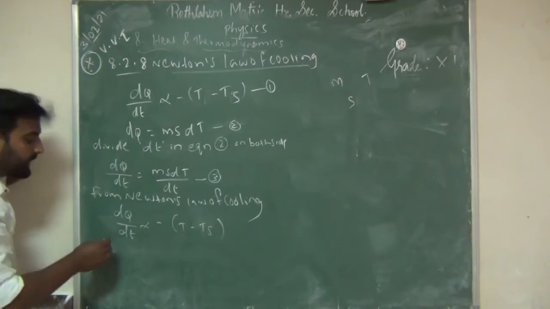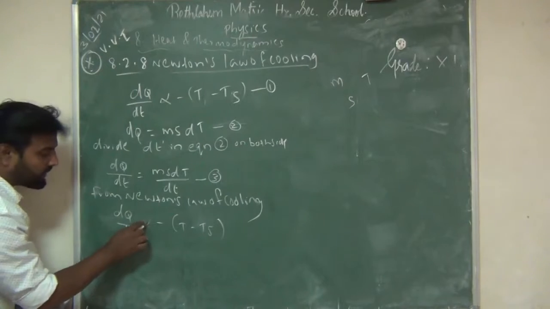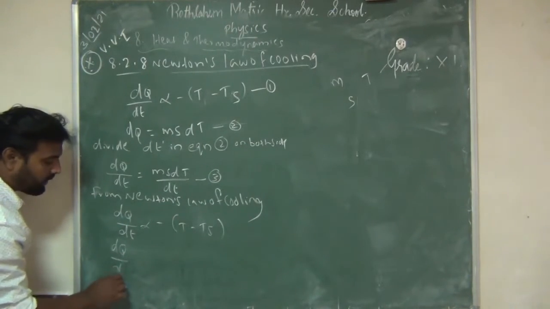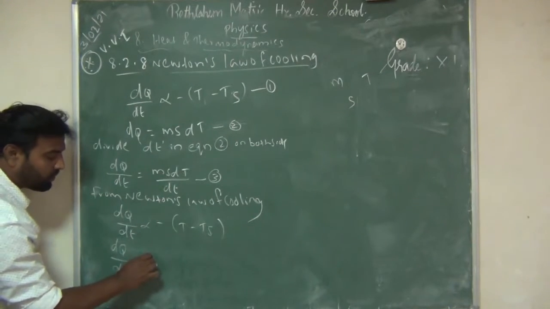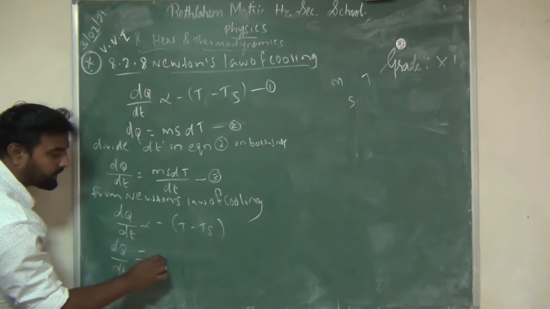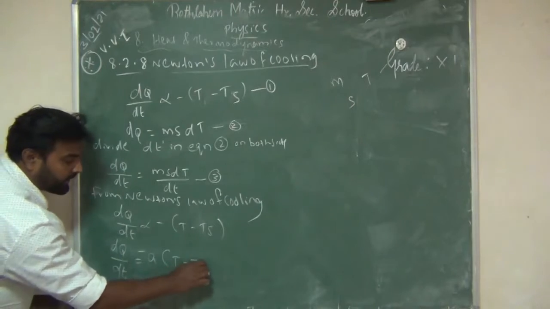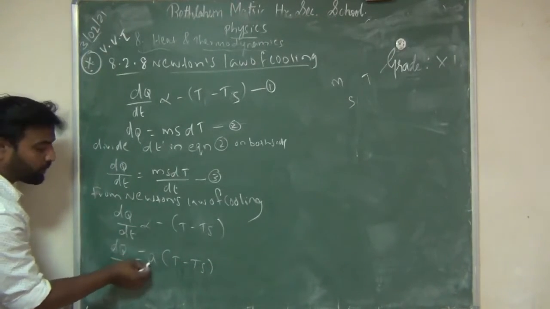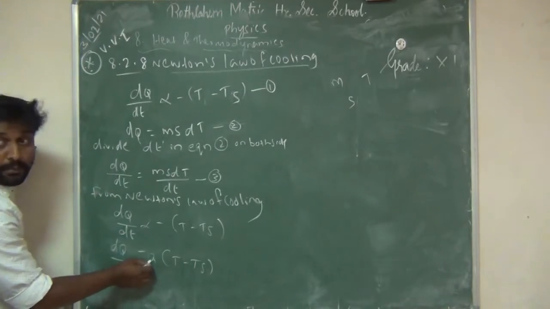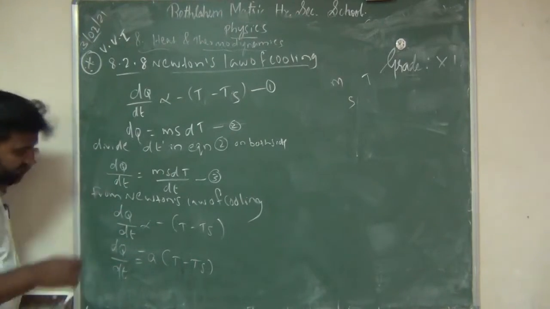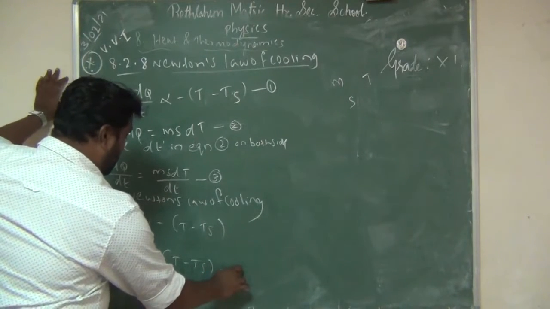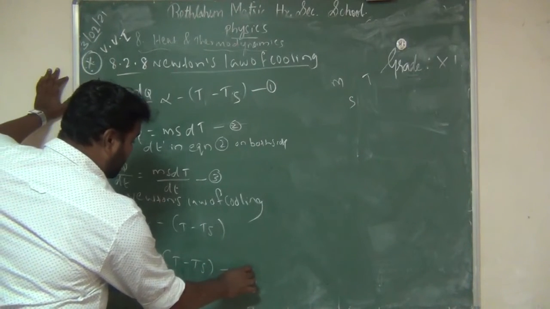Changing the proportional symbol and keeping a proportionality constant A, you can write dQ by dt equal to minus A into T minus Ts. This is equation 4.